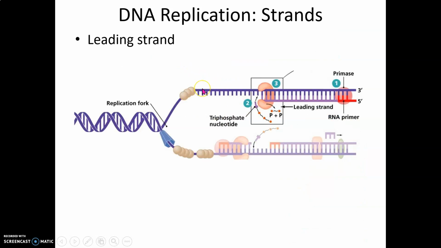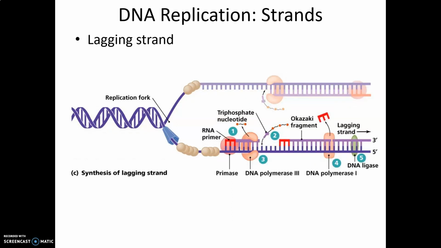The leading strand refers to the strand that is synthesized in the 5' to 3' manner. This is a strand that is continuously synthesized, okay? Versus the lagging strand that's discontinuously replicated. The lagging strand goes in the opposite direction. So remember that our DNA is anti-parallel. So one runs 5' to 3' while the other runs 3' to 5'.